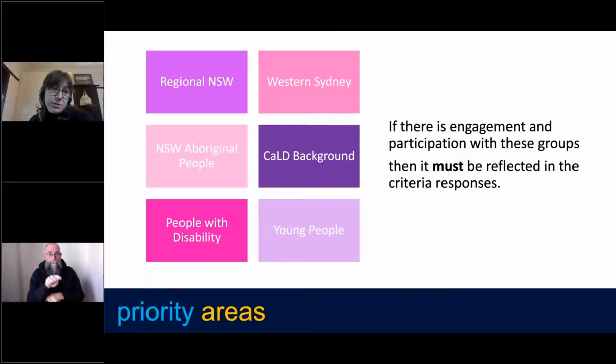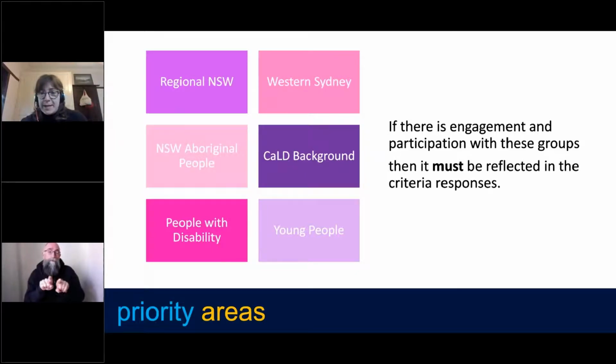It's not mandatory to engage any of these key priority areas in your project or program, but if you are, this needs to be reflected in your criteria responses, and also needs to demonstrate support from the community or the key priority area that you're engaging with, which can also be evidenced or shown to the assessors in clear support letters.